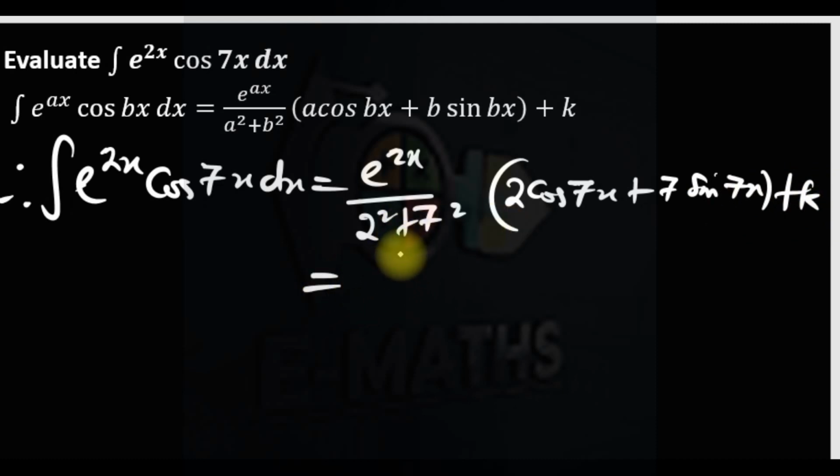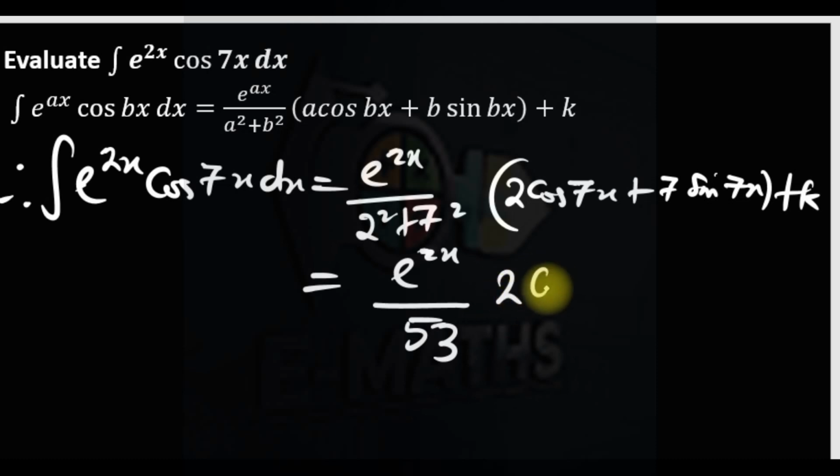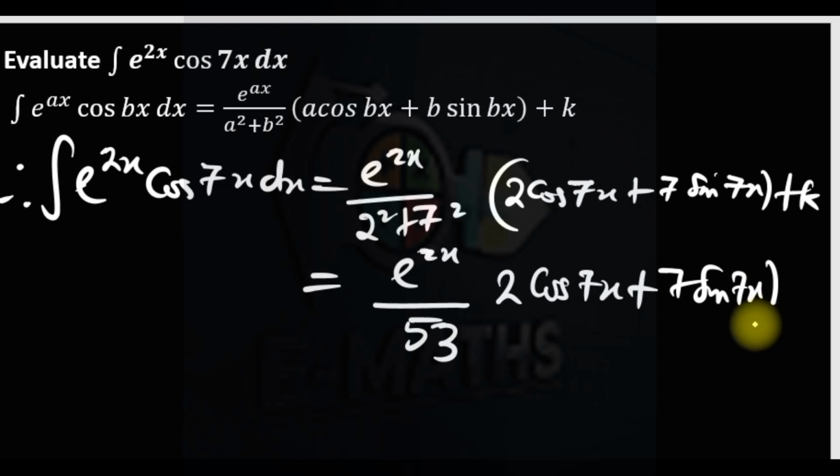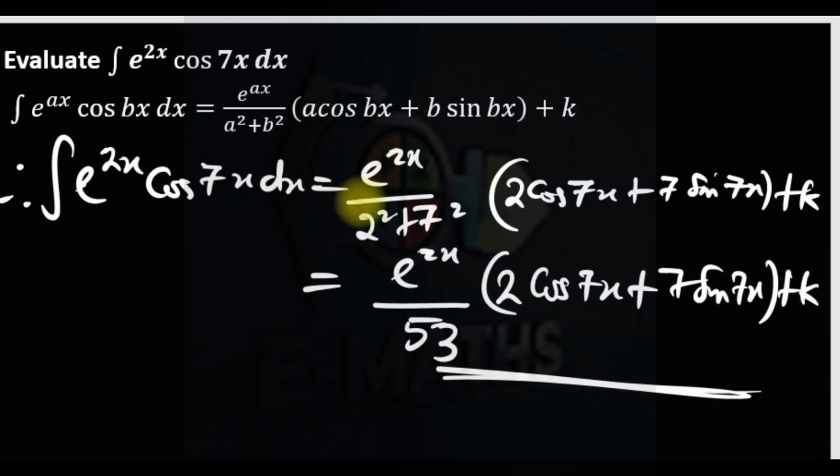So that's it, which is e raised to power 2x over 4 plus 49, which is 53, times 2 cos 7x plus 7 sine 7x plus k. So that's our answer. Verify within 1 minute.